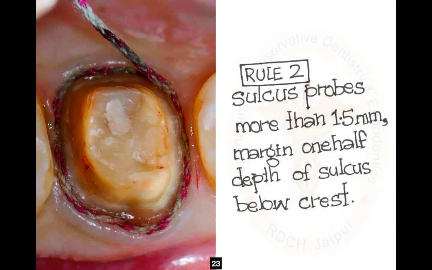If the sulcus probes more than 1.5 mm, I repeat, if the sulcus probes more than 1.5 mm, we will place the margin one half the depth of the sulcus, which is below the tissue crest. This will place the margin far enough below so that it still is covered if the patient is at higher risk of recession.